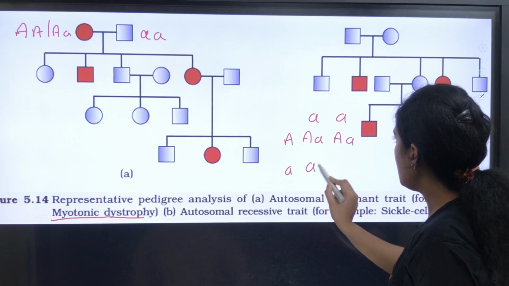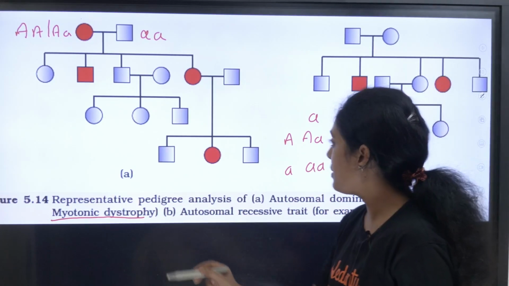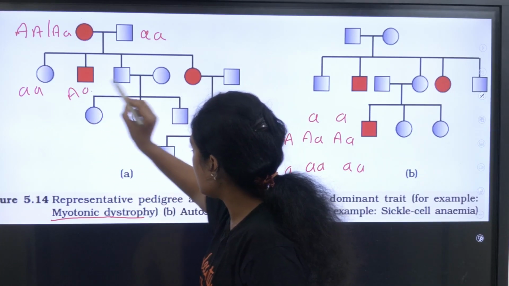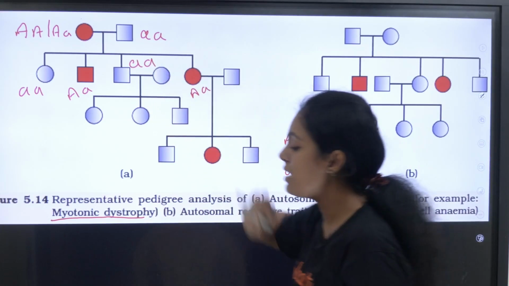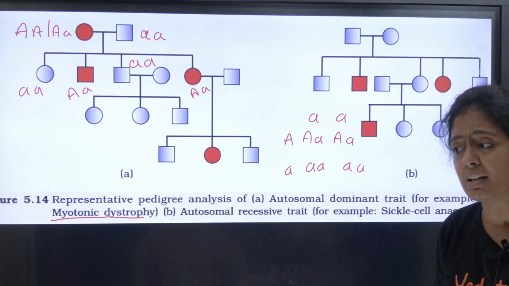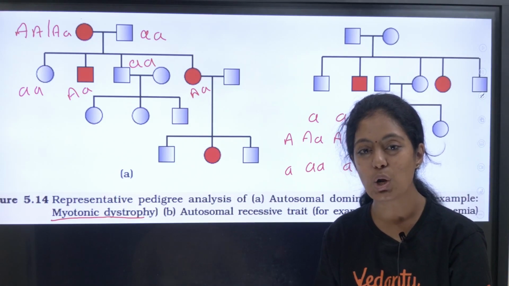Aa, Aa and Aa. This person could be Aa, this person could also be Aa. The people who are carrying the dominant allele will be affected, the others will not be affected. Very simple, yes or no?